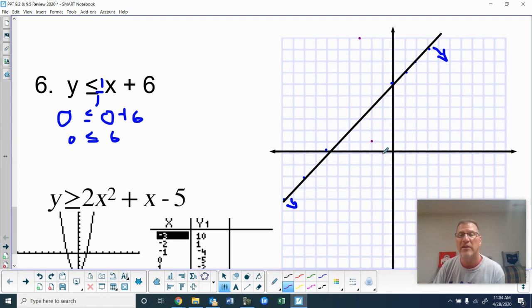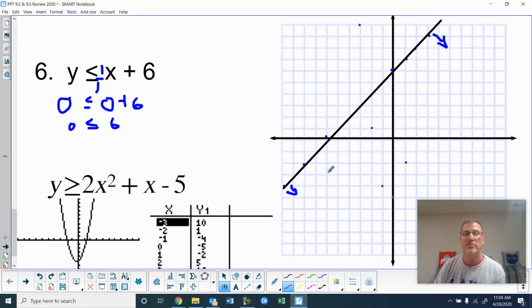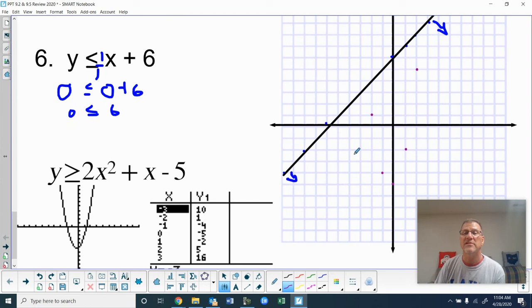And -1, -4 is there. 0, -5. 1, -2 is there. 2, 5. And then 3, 16 is way up there.